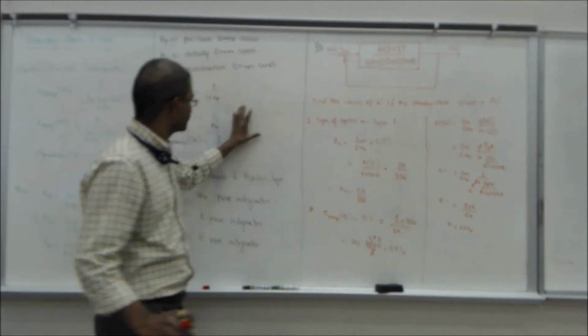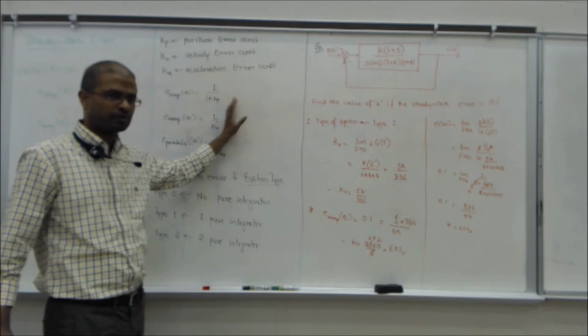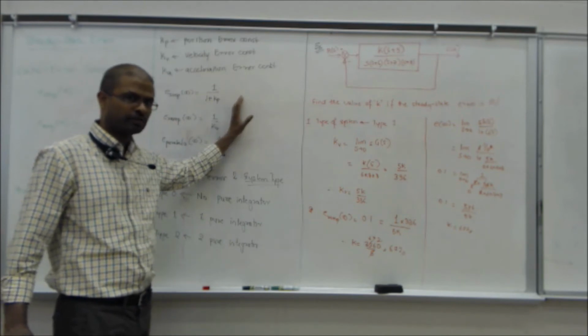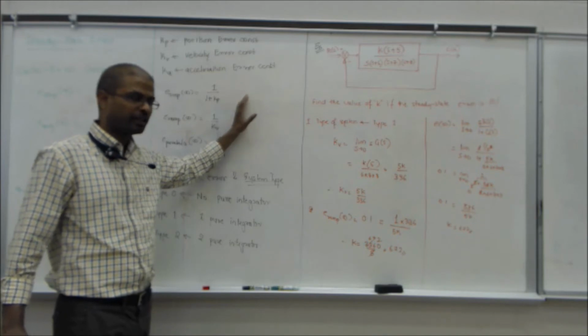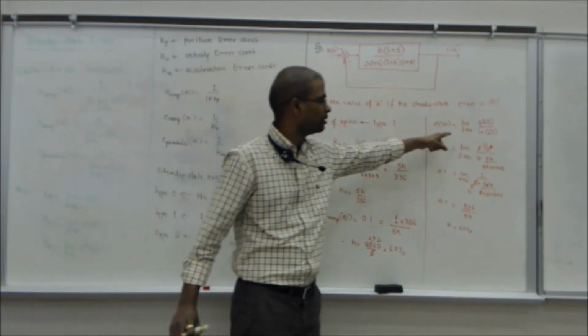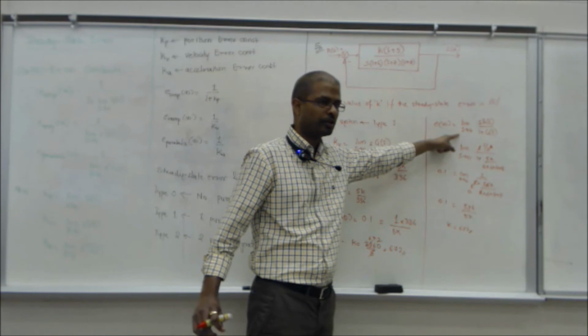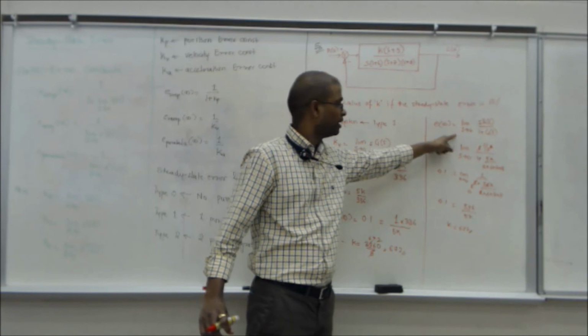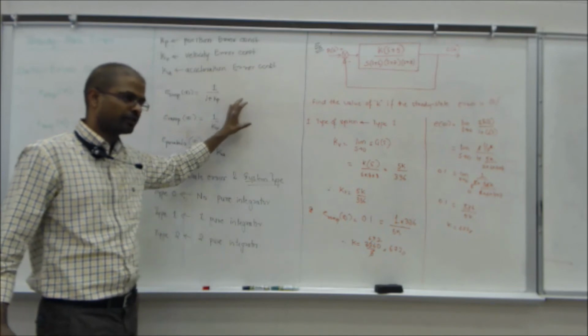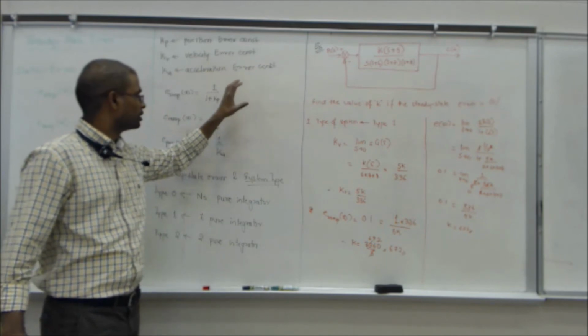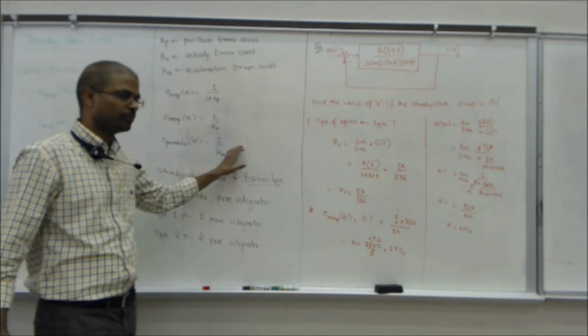We have come to this point starting from first principles, right? We defined steady state error with respect to the limit, when s tends to 0. And then we defined steady state error for 3 specific inputs: step, ramp, parabola.